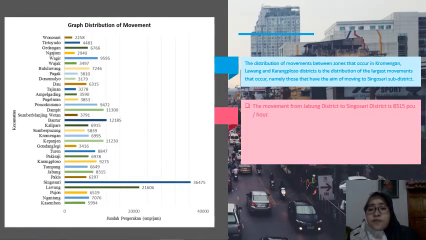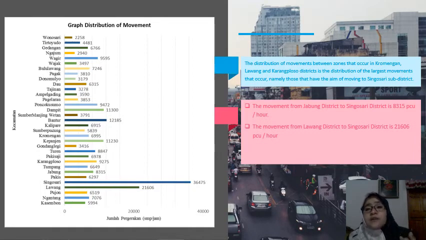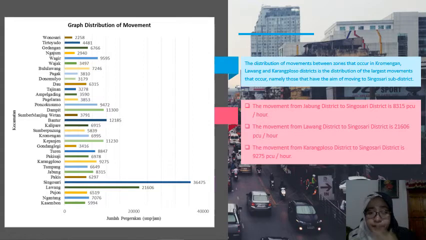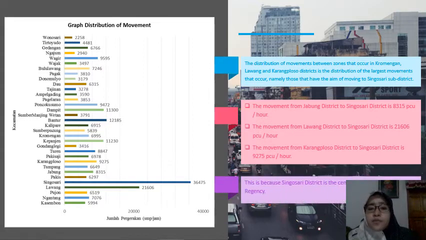The distribution of movement between zones that occur in Kromengan, Lawang, and Karangploso districts is the largest movement, namely those with the aim of moving to Singosari sub-district. The movement from Jabung district to Singosari district is 8,315 PCU per hour.